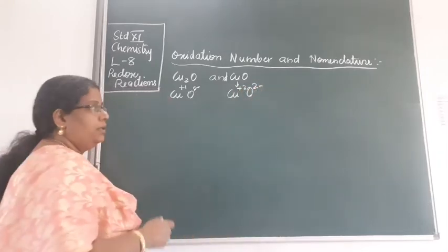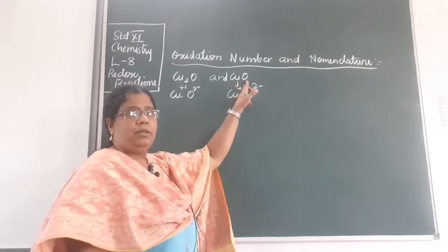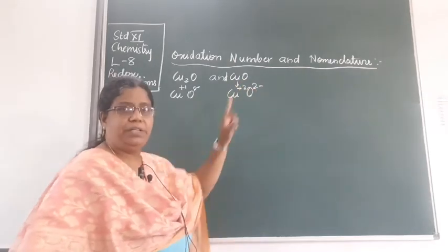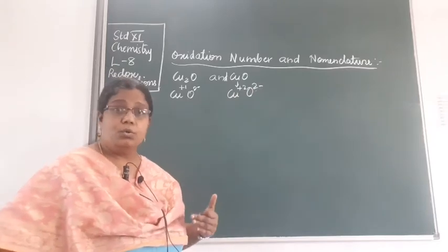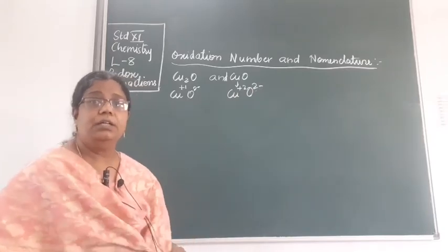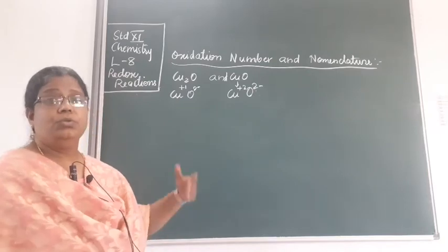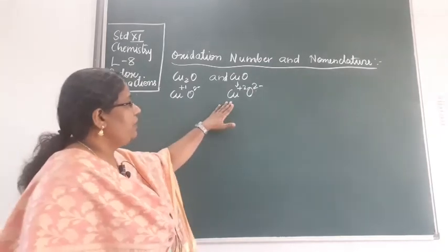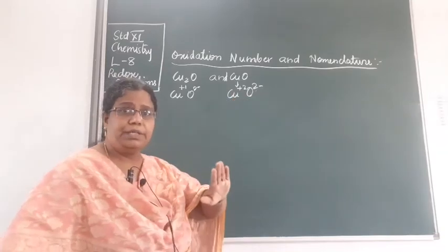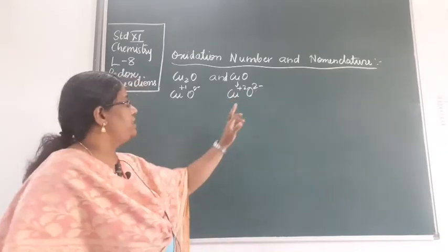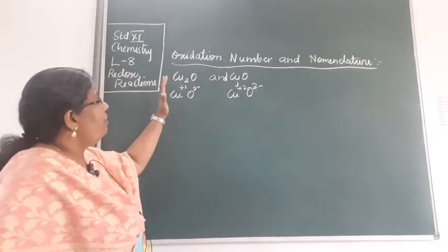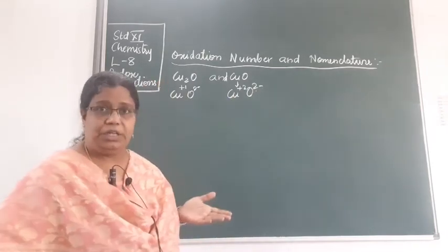कैसे पता चलेगा हमें, देखो ऑक्सीजन in normal condition in the form of an oxide it will always carry -2 charge. ये हमने rules में learn किया था when we were learning how to assign the oxidation number to various elements. So there we had learned that oxygen in normal condition, that is in normal oxides, will always have -2 charge. जबकि copper का oxidation state can vary.